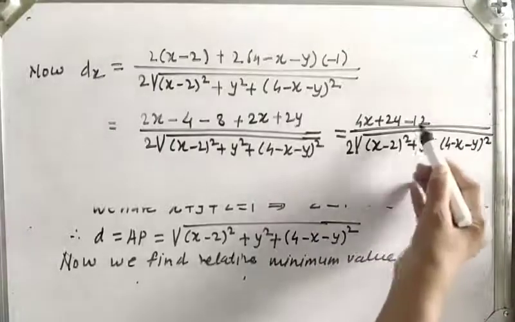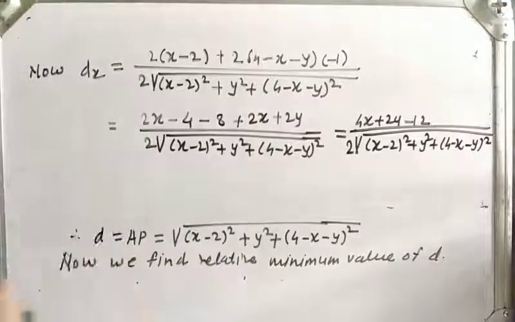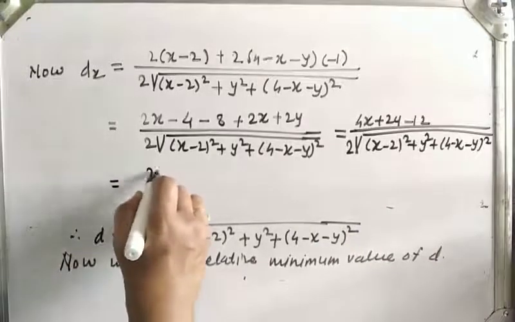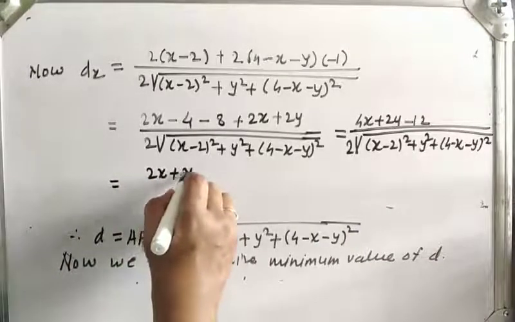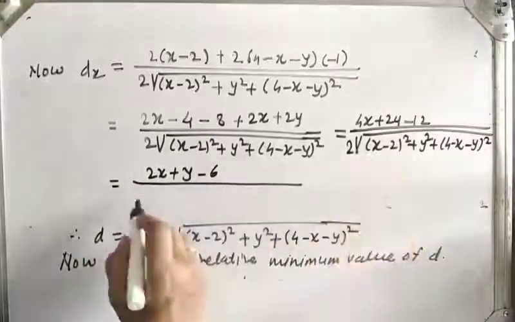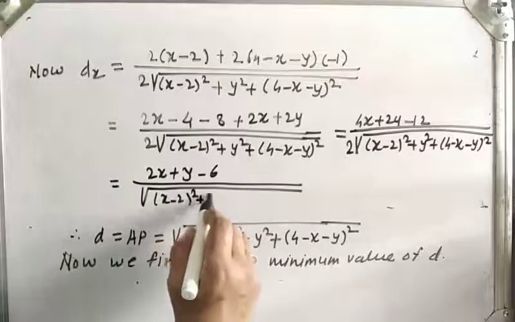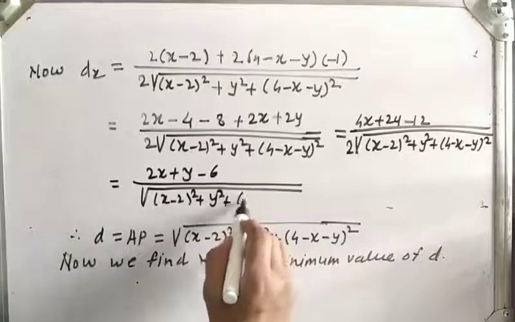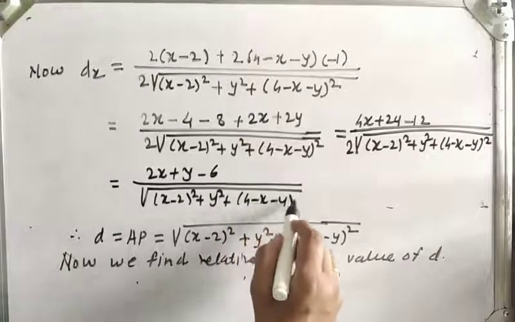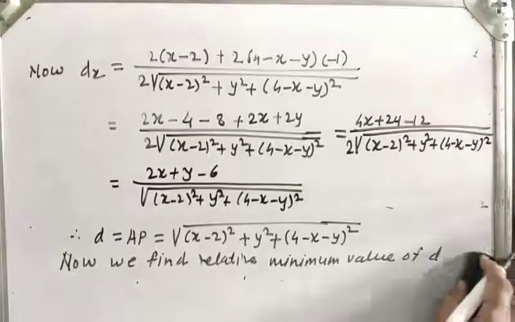So here, we can divide by 2, so that will be 2x plus y minus 6 upon square root of (x minus 2) bracket square plus y square plus (4 minus x minus y) bracket square. This is our dx.